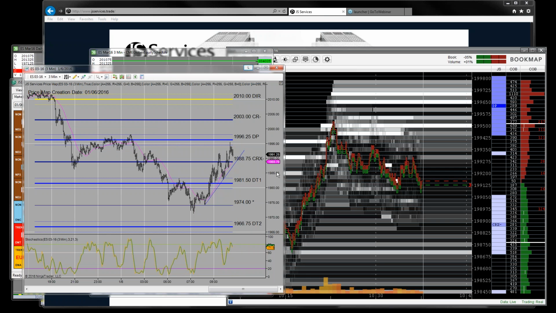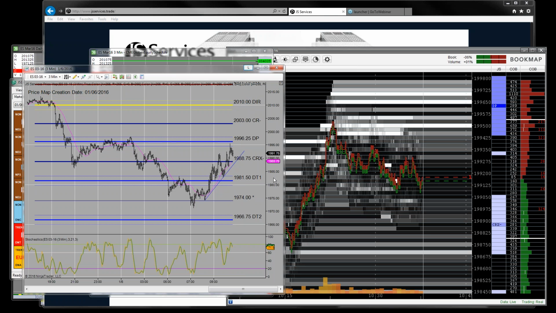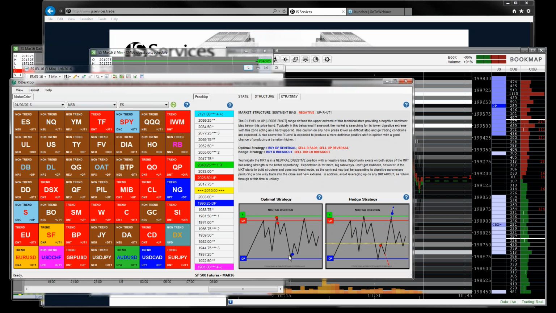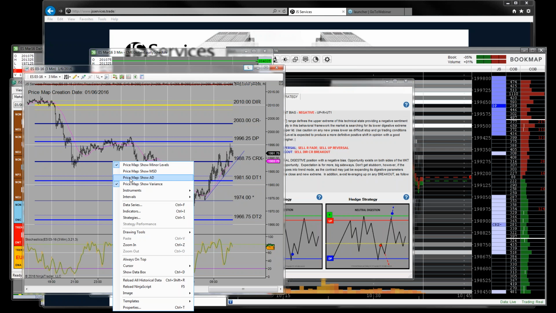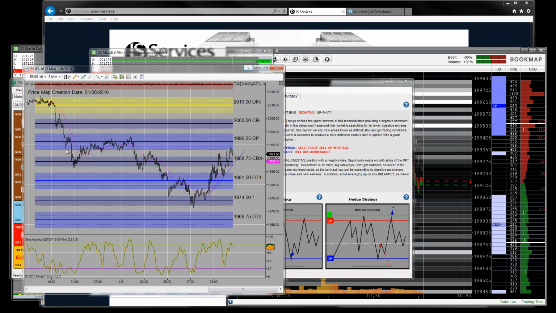But if we're looking at what the market paid us today, what did it pay out? We were looking on the S&P, and we can take a look at another market, but in the S&P, as we're coming down to this support area, we're looking for a buy DP reversal. A buy DP reversal never came out. On a reversal, the market needs to break through.